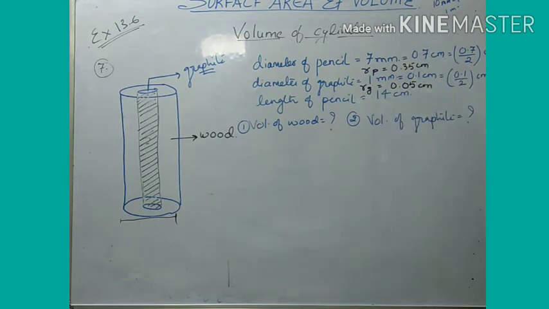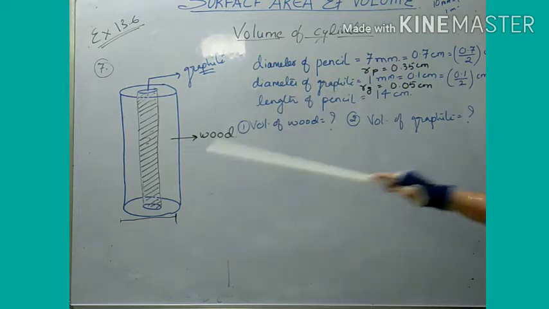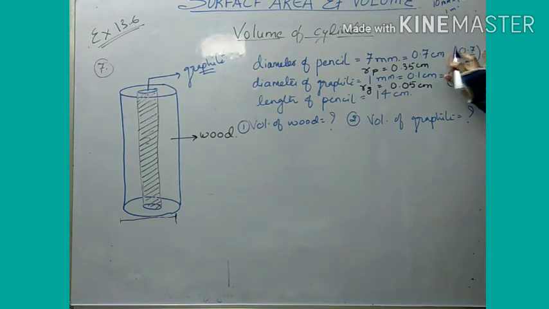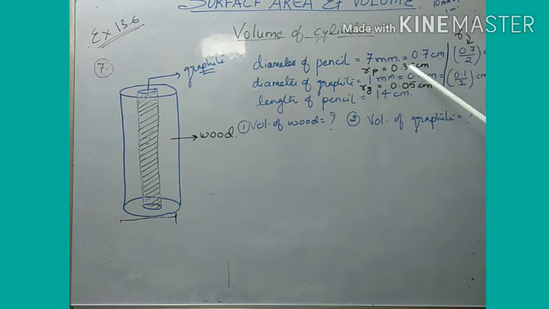We are converting everything in the centimeter. तो ये डायामीटर जो 7 मिलीमीटर है वो कितना हो जाएगा 0.7 सेंटीमीटर. क्लियर. So to calculate the radius, what we will do? We will find 0.7 upon 2 centimeter. So it will be 0.35 centimeter. So the radius of the pencil will be 0.35 centimeter.